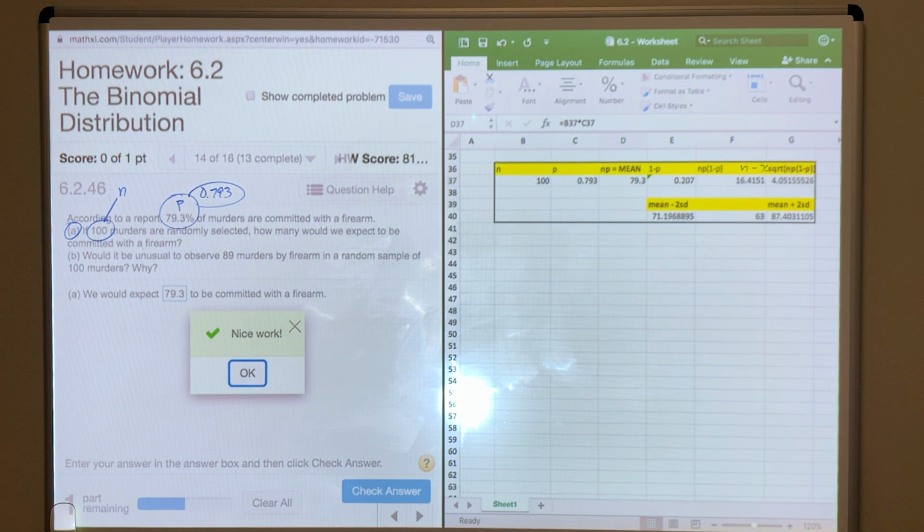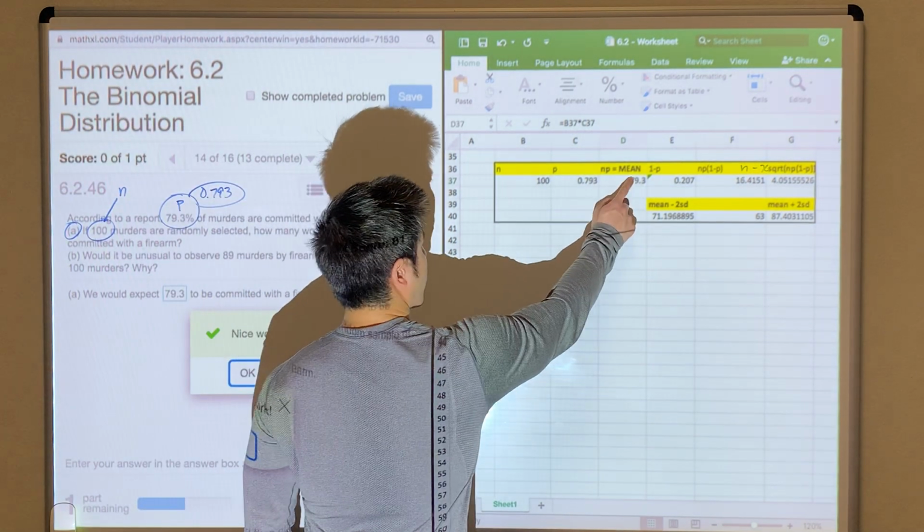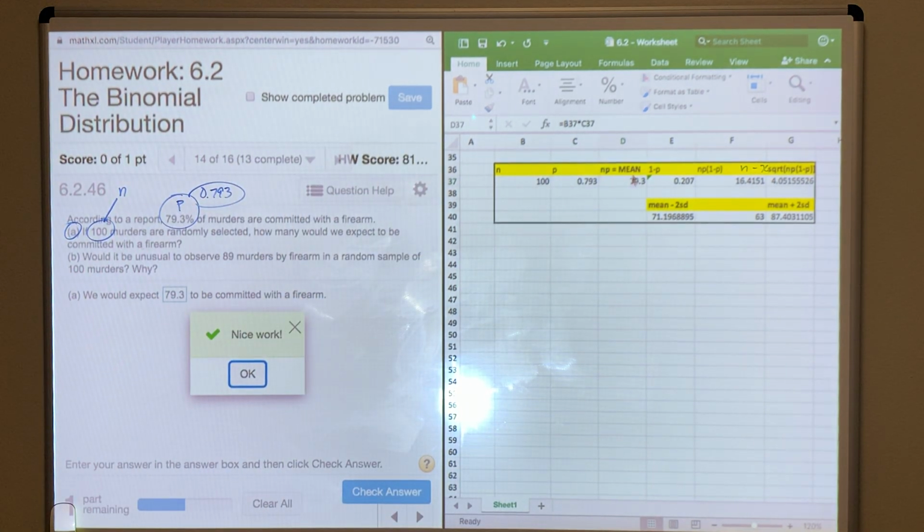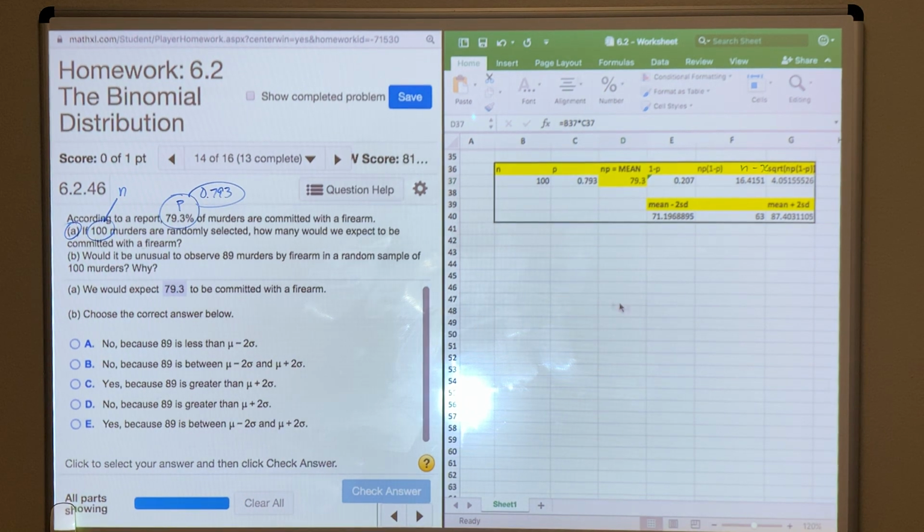It's very straightforward. That's it. So to complete part A and figure out your expectation, multiply your n by your p. Straightforward, and there's mine right there. Okay? And this is a very important value. I'm just going to highlight it so that you'll see it, because we're going to come back to it later.